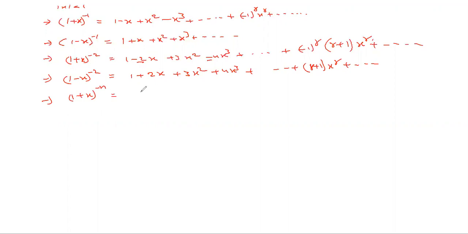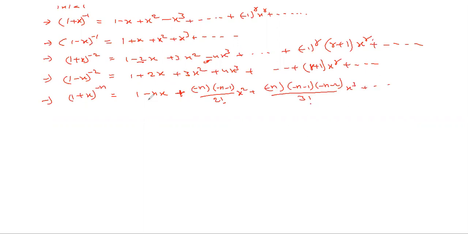Okay, it will be 1 minus nx plus negative n into negative n minus 1 divided by 2 factorial into x square plus negative n into negative n minus 1 into negative n minus 2 divided by 3 factorial into x cube plus and so on.